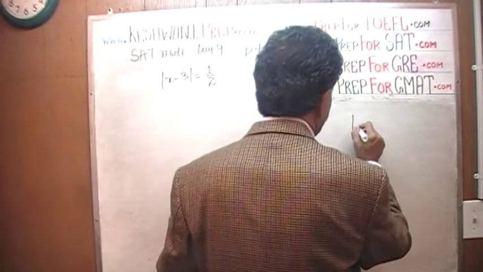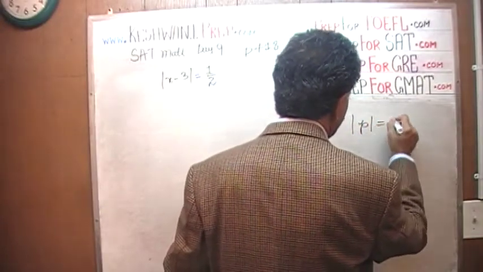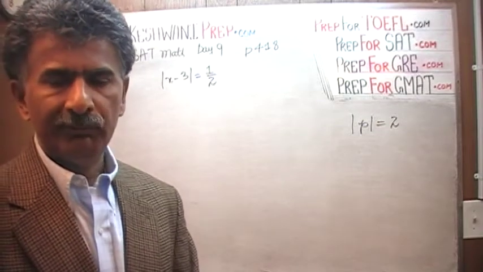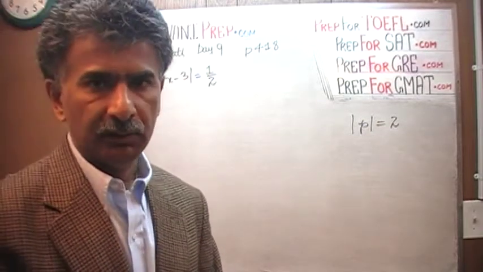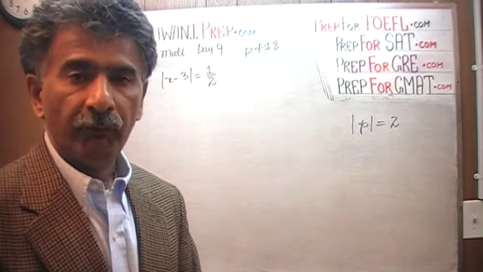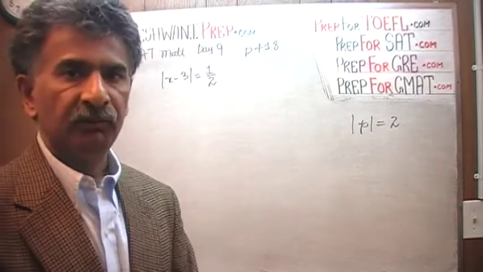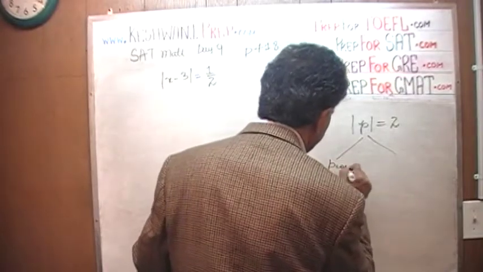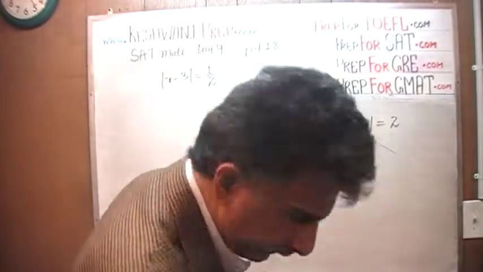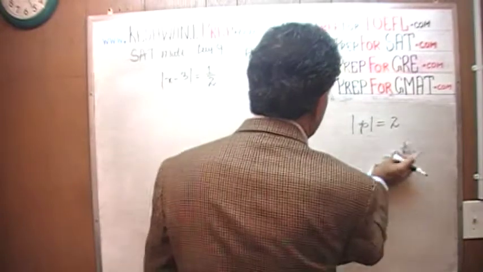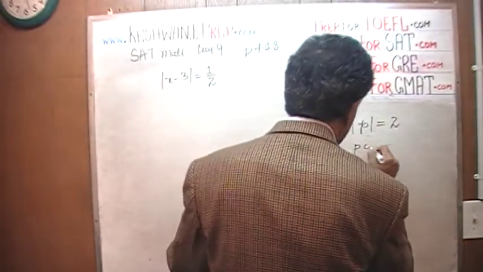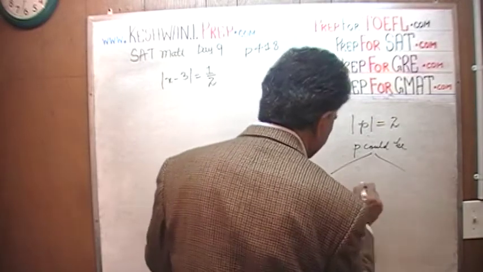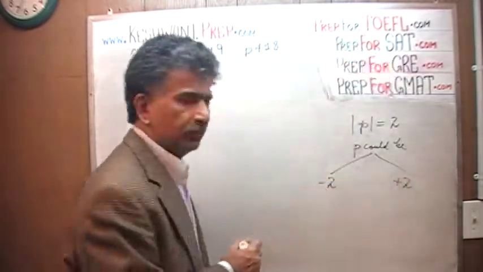If we are told that the absolute value of p is 2, what do you gather from that? What could be the values of p? There are 2 of them. In this scenario, p could be -2 or +2.